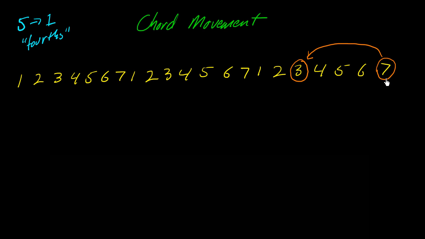there's something pleasing to the ear of it going from 7 to 3. Now, there's not a super strong pull between these, not like the other notes we looked at, the 7 going to 1 and 4 dropping to 3. But there's also a little bit of pull from 7 to 3. And that's a 4th away. And also from 3 to, watch this, 1, 2, 3, 4, to the 6.